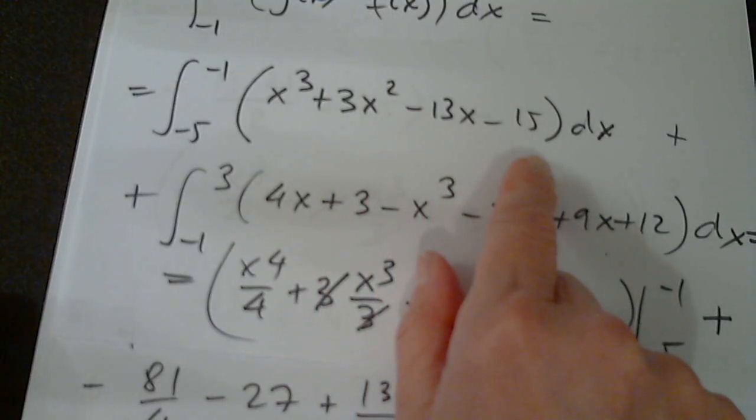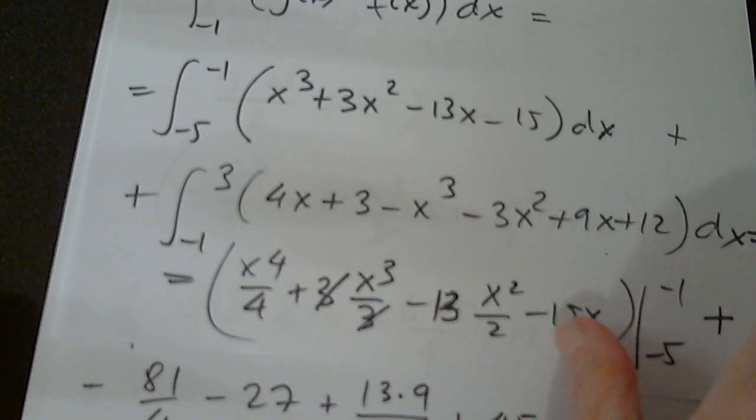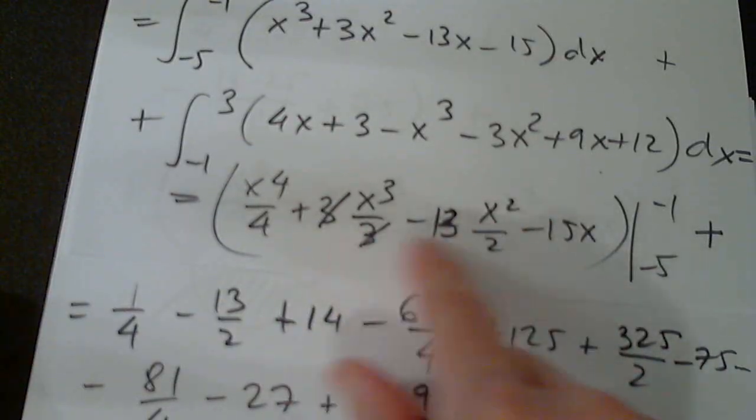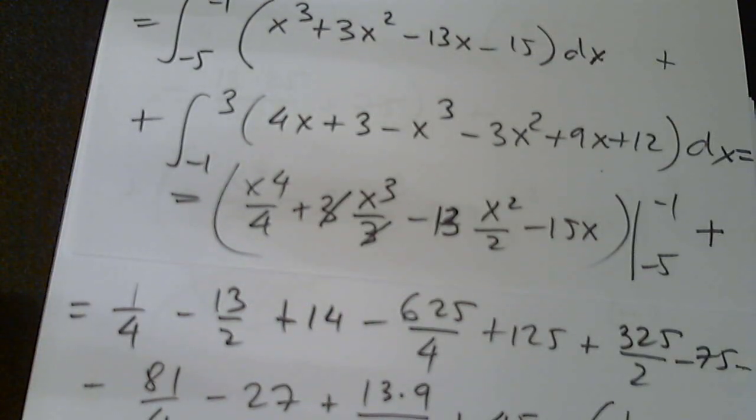So that was negative 13, correct, minus 15. And the other one was also correct. Let me check the points of intersection one more time just to make sure. Indeed, from negative 5 to negative 1, that's correct. And from negative 1 to 3. Yes, that's correct.